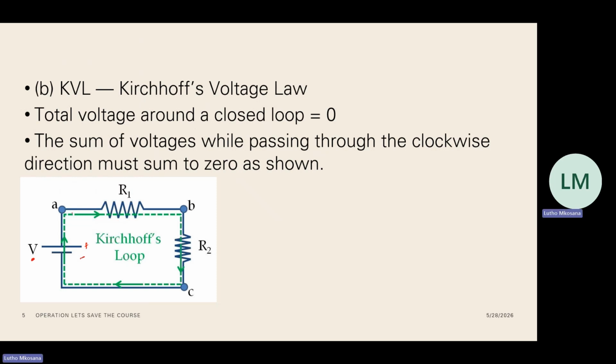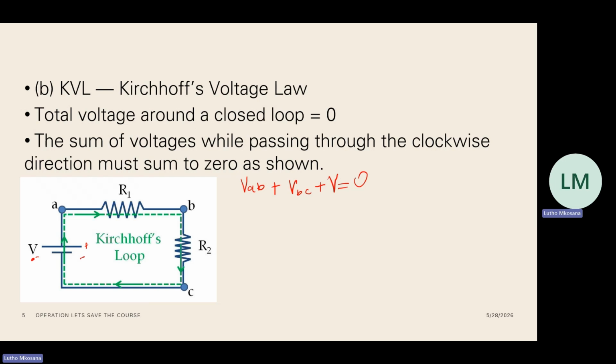It means that VAB, which is the voltage across this resistor, plus VBC, plus this V, which is our source, should equate to 0.